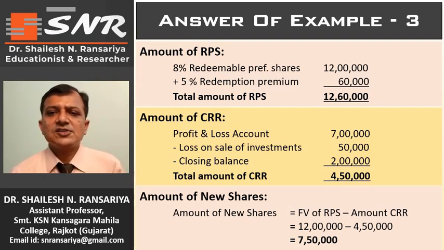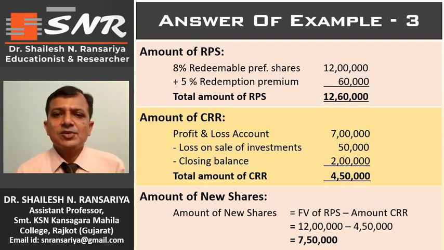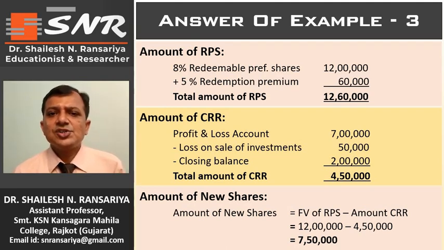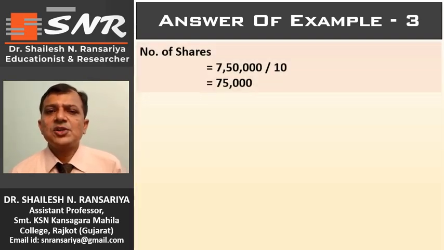So instruction is given in the example, new shares are issued at premium. So we will calculate the security premium, and for the security premium we require the number of shares. So first, number of shares is equal to total value of new share 7,50,000 divided by face value of new share 10.